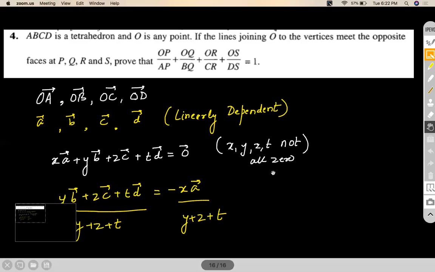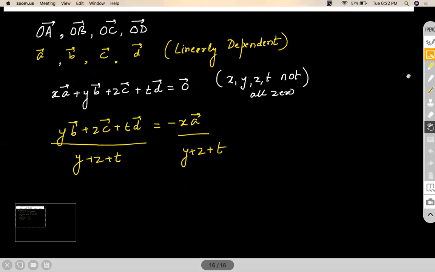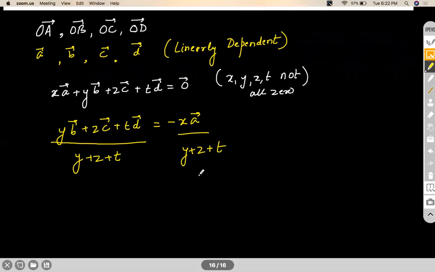Now, here is a statement that I'm going to make. See what is happening over here. Let us make the diagram. This is the base of the tetrahedron.